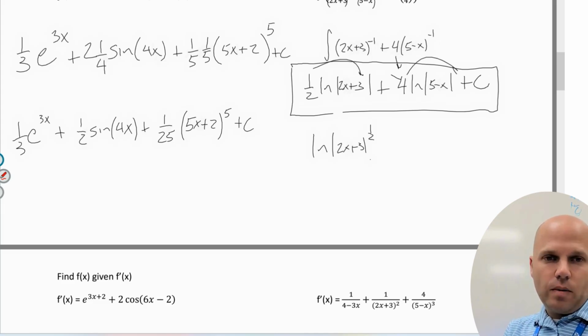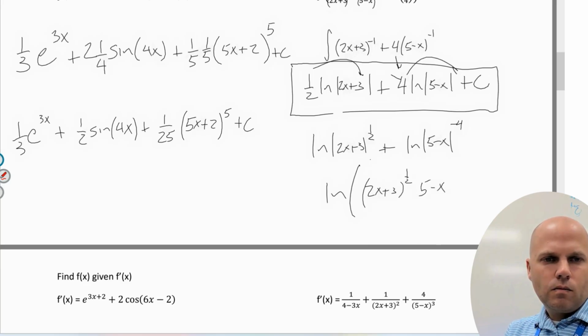I can bring the -4 up if I wanted to, or I could say it's subtracting. Addition means multiply into 1 log, and then the negative power goes to the bottom.